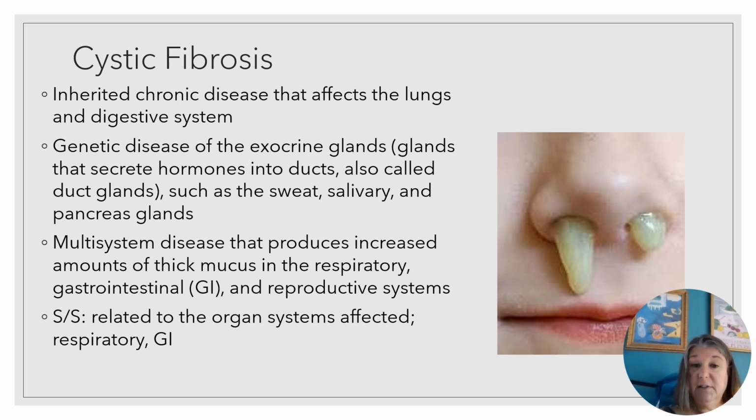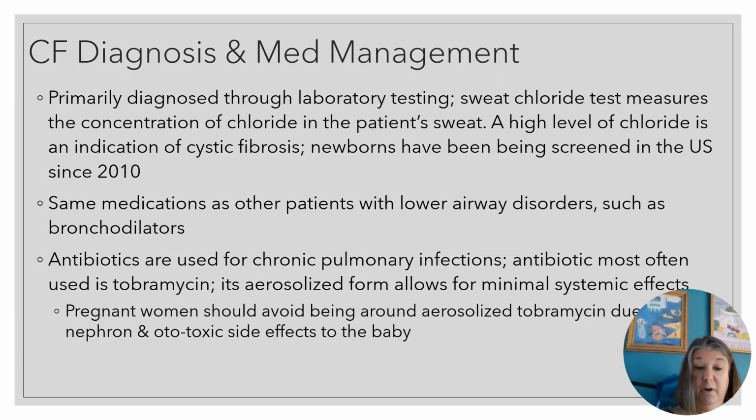With the GI stuff, we end up with what's called steatorrhea, this foul smelling, greasy stool. And that's because we're not having the breakdown of the foods and nutrients that we need. You can get poor weight gain and growth, intestinal blockages. You can end up with severe constipation because of all this thick mucus. So it can be very debilitating.